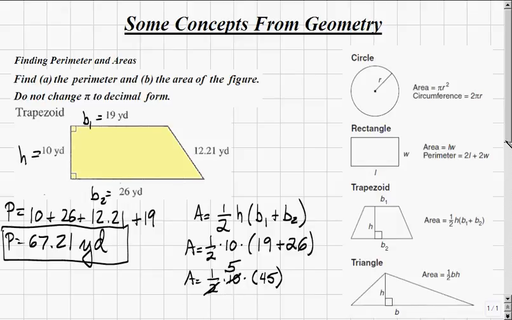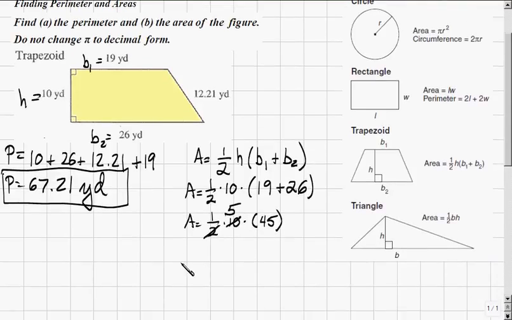So our area now looks like 5 times 45. And 5 times 45 is 225. So that means that the material on the inside of our trapezoid would measure up to 225 square yards.